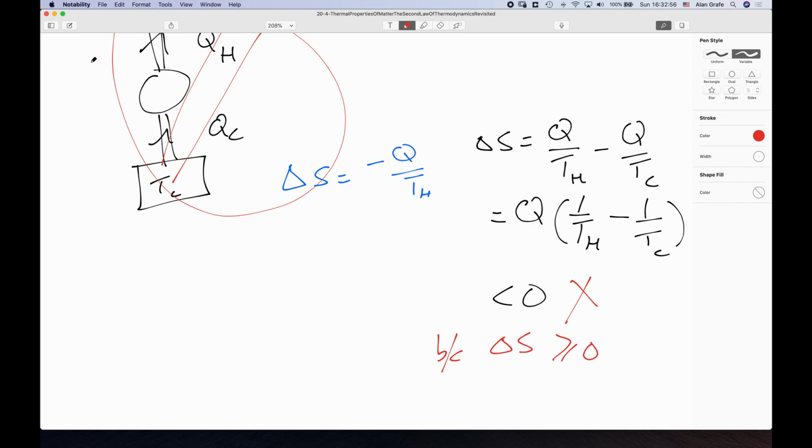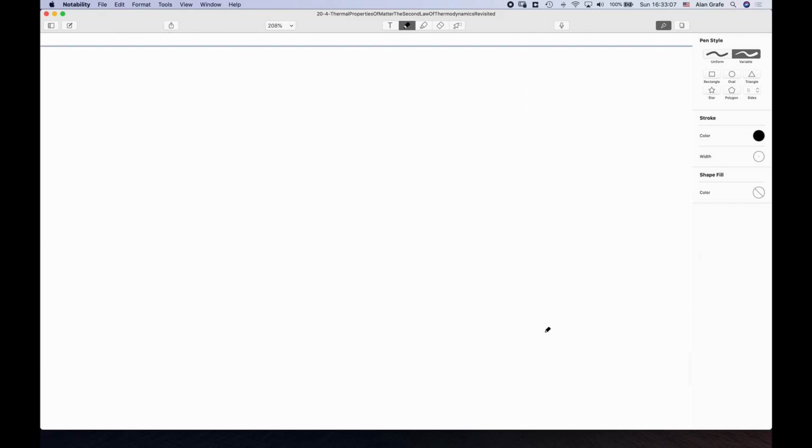Okay. To then show why the Carnot cycle is the most efficient possible cycle, I need to show you another diagram. This is one called a TS diagram. So this is going to work probably like you think it would.